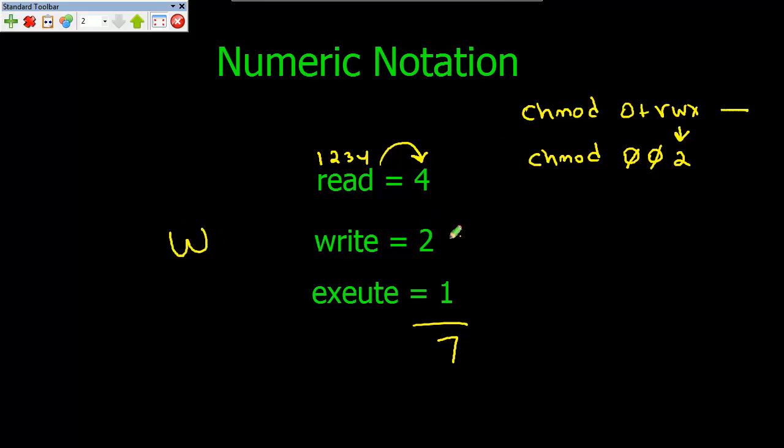I think 2 U's, W, and that's how I remember that write in numeric notation is a 2. And then execute, you can think of a hangman's gallows or a flag. X marks the spot where the flag is posted. Any of those typically will work. They're not difficult to actually remember. So let's go to the command line and use some of these.